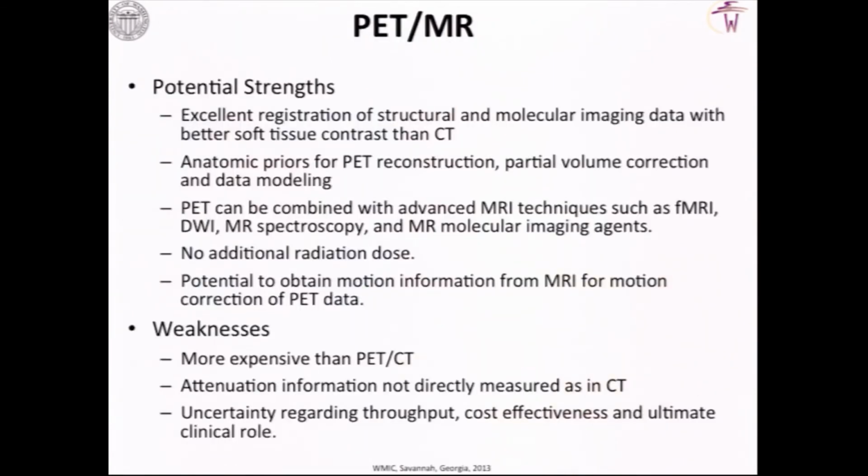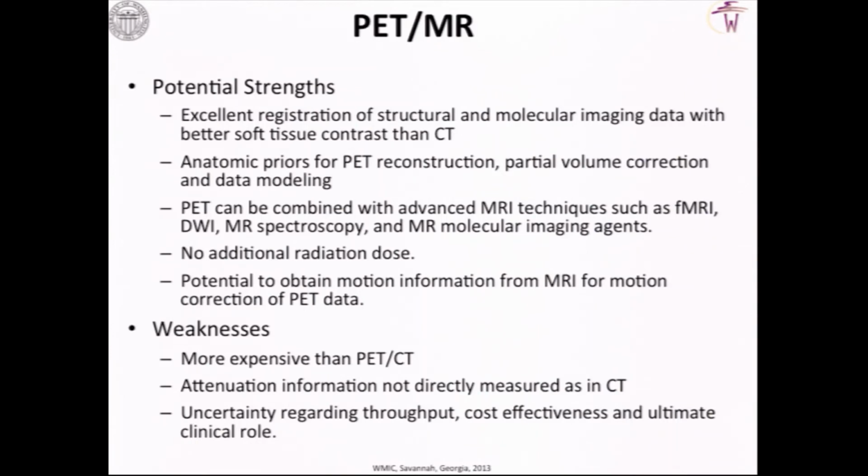So the potential strength with PET MR is that you have excellent registration of structural and molecular data, and you have better soft tissue contrast with MR than CT. So that's one of the big strengths there. Again, having that anatomic information, you can use it in your image reconstruction to try to reduce partial volume corrections by incorporating the high resolution information in your image reconstruction.